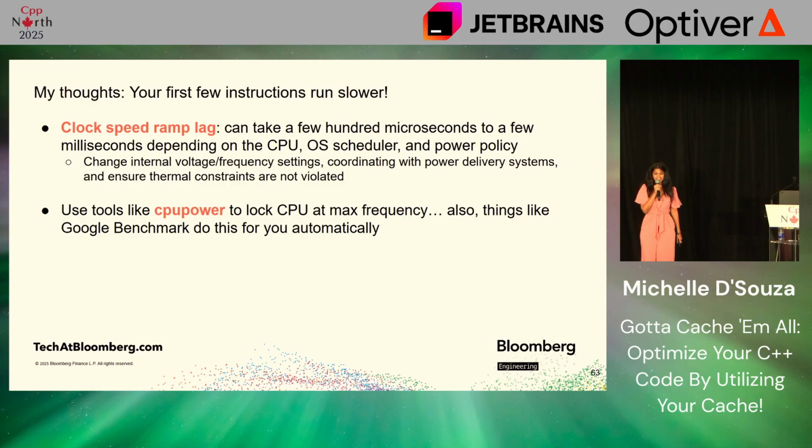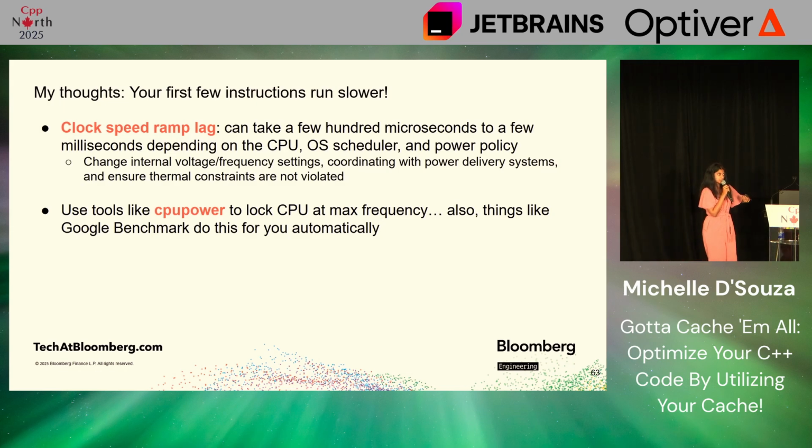Anyway, so here are my thoughts. The very first few instructions that you run actually run slower, potentially, than the rest of your program, because there's something known as clock speed ramp lag.